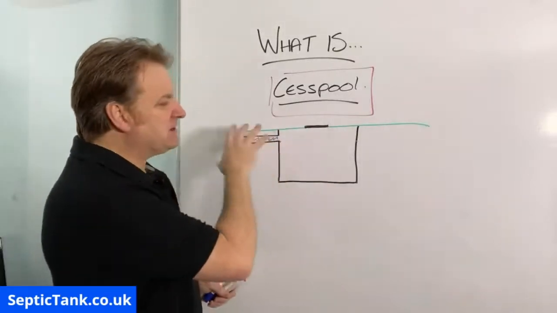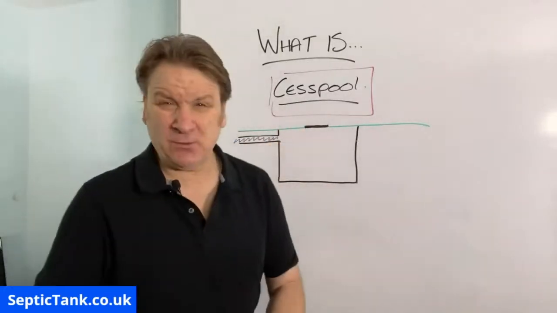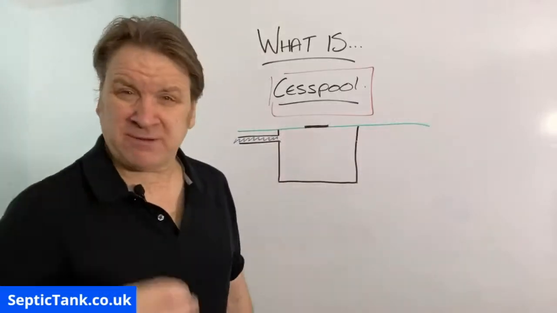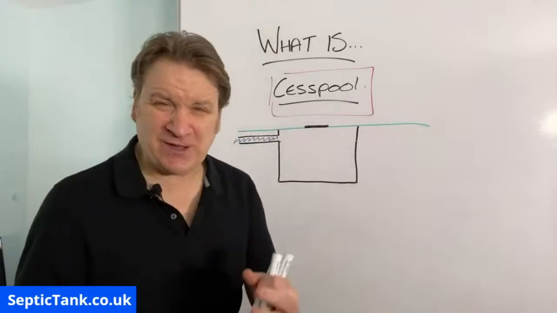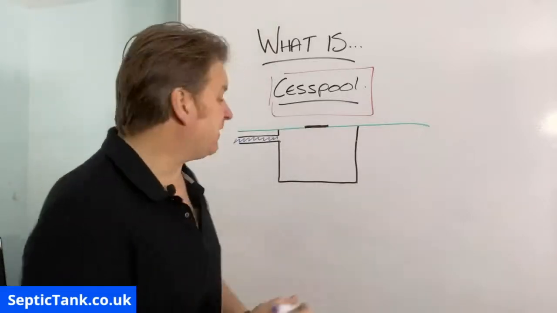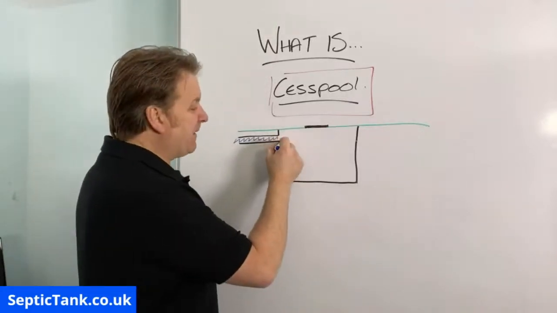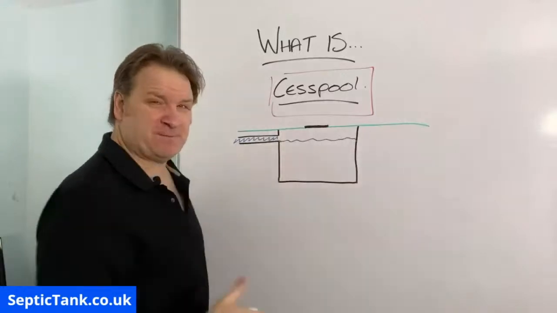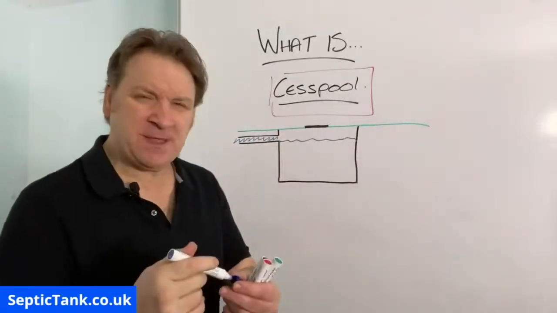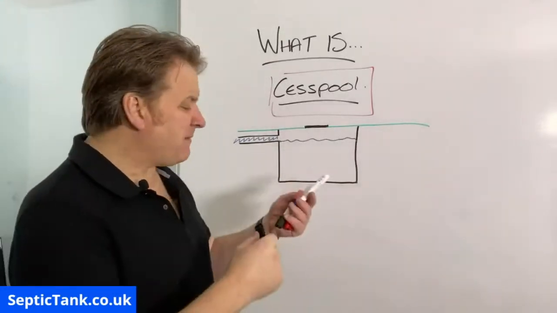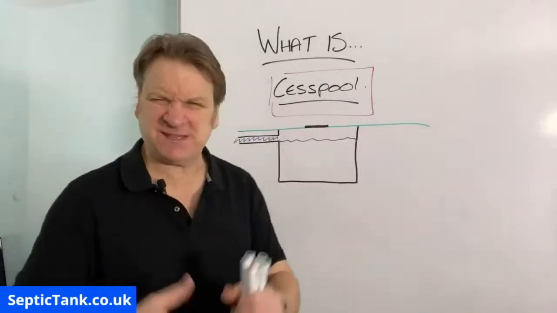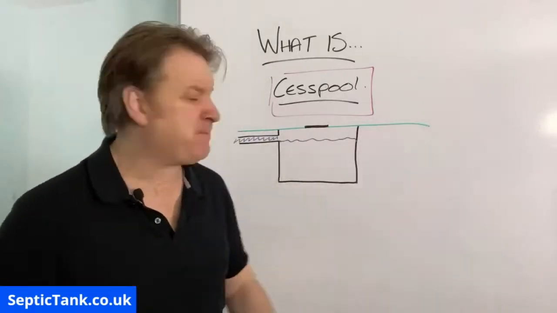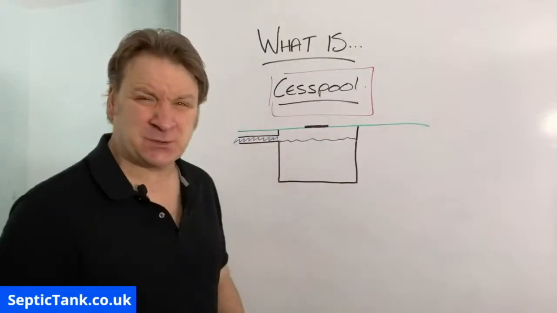Imagine connected to this cesspool was a 3, 4, 5, 6, 7 bedroomed house. With the amount of liquid those people produce every day, it's going to take about 24 hours to fill up before you've got to get it emptied again. If it costs you £200 a time to get it emptied every day or every 2 days, you're going to be paying out £1,000 a week.